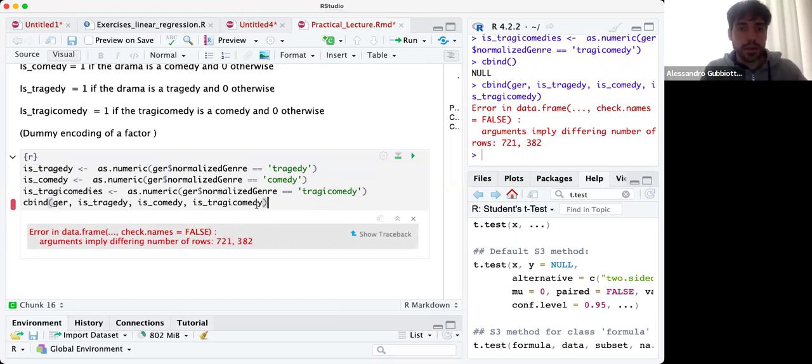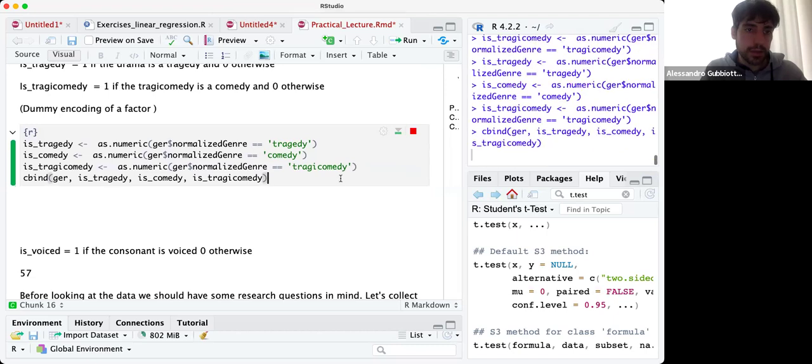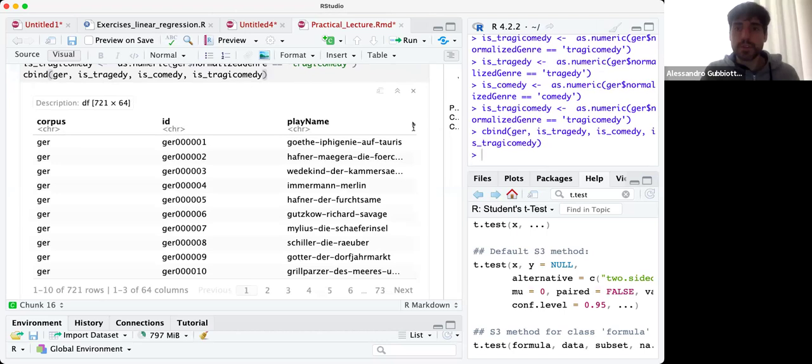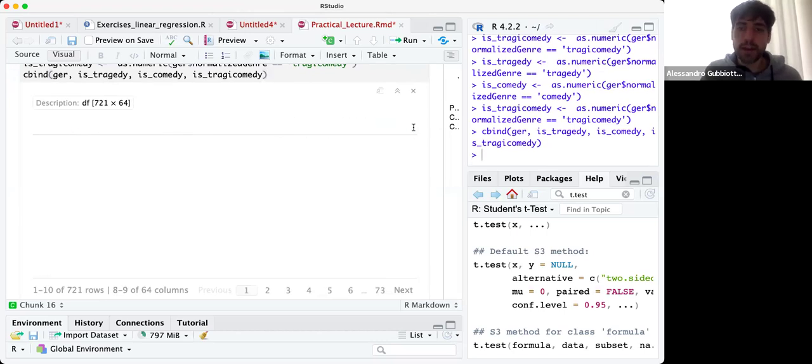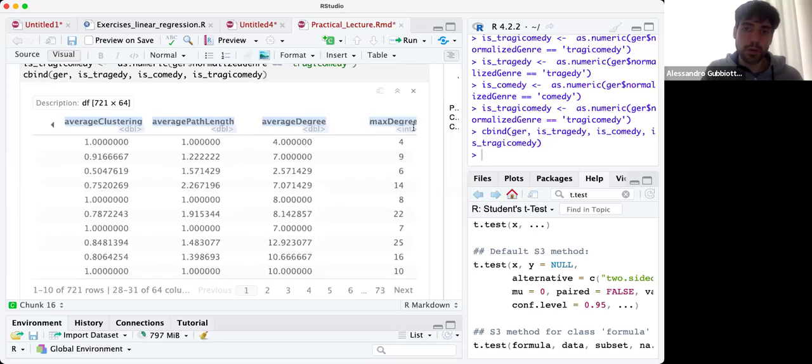Comedy, yes, probably tragicomedy. Now we should see some output, I guess. Yes. And we substitute, instead of the factor, these three new columns.